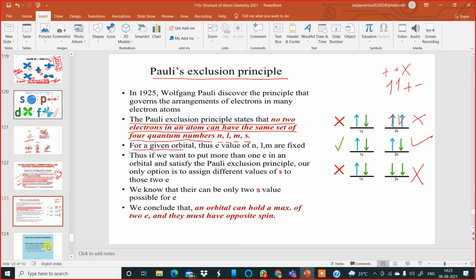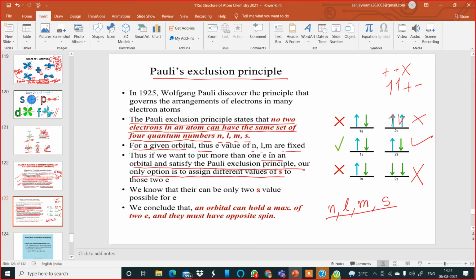For a given orbital, the values of n, l, m are always fixed. Thus, if you want to put more than one electron in an orbital and satisfy the Pauli exclusion principle, our only option is to assign different values of s. That means if the value of n is the same, l is the same, and m is the same, the value of s has to be different; then only it is permissible.